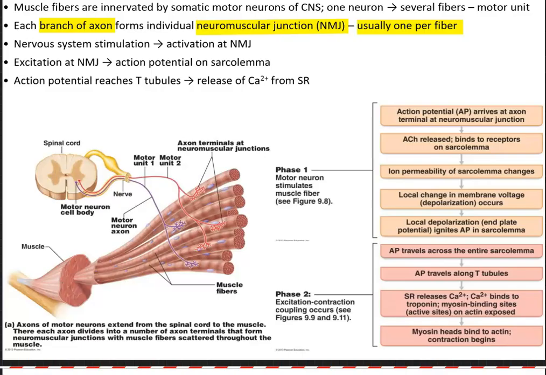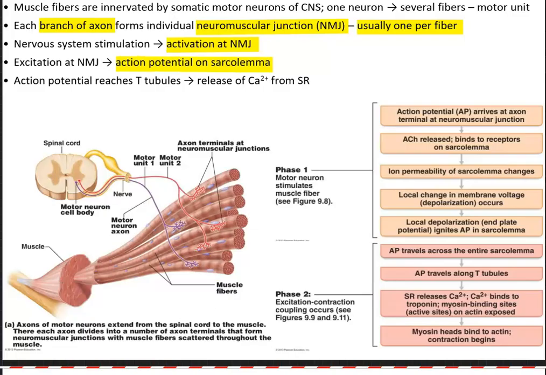When the nervous system sends the signal, muscle fibers are activated on the neuromuscular junction. That results in the action potential on sarcolemma.